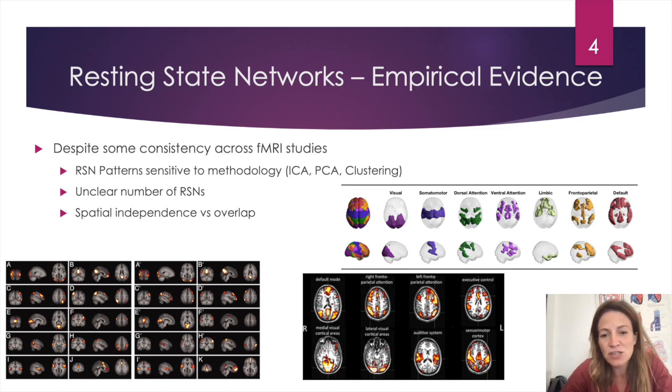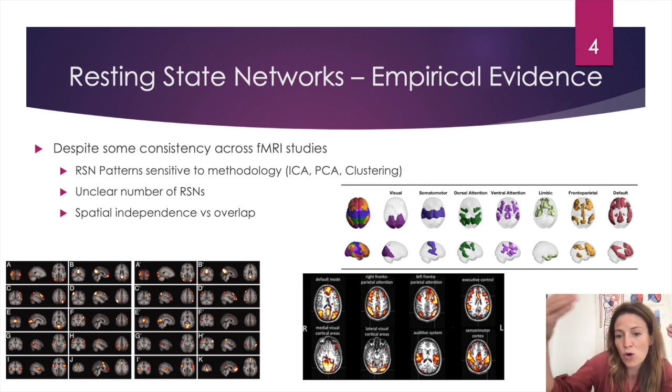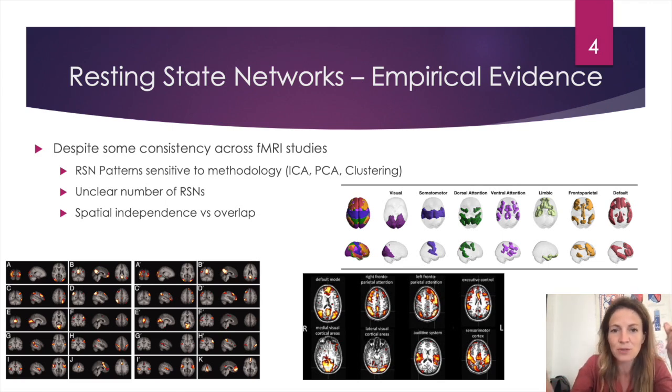And as well, some studies consider that the same area of the brain can belong to more than one resting state network, so they allow spatial overlap, whereas other methods define these intrinsic connectivity networks as spatially independent, so the same voxel, or the same brain area, cannot belong to two networks at the same time. So there are these inconsistencies, but overall I think they all point to the consistent existence of resting state networks.